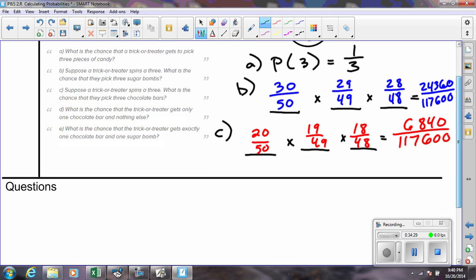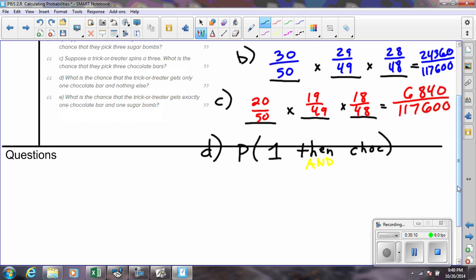Moving on to part D. What is the chance that the trick-or-treater gets only 1 chocolate bar and nothing else? Okay, so if we're saying and nothing else, that's saying, first of all, they have to spin a 1 on the spinner. After getting a 1 on the spinner, then, equivalently, this then is an and. So they get a 1, and then they get a chocolate.